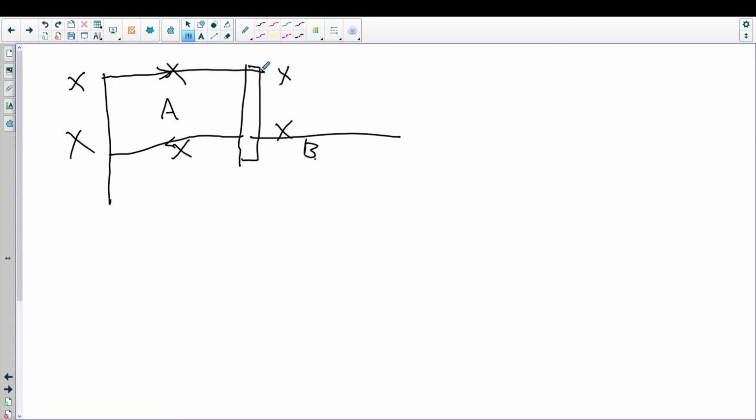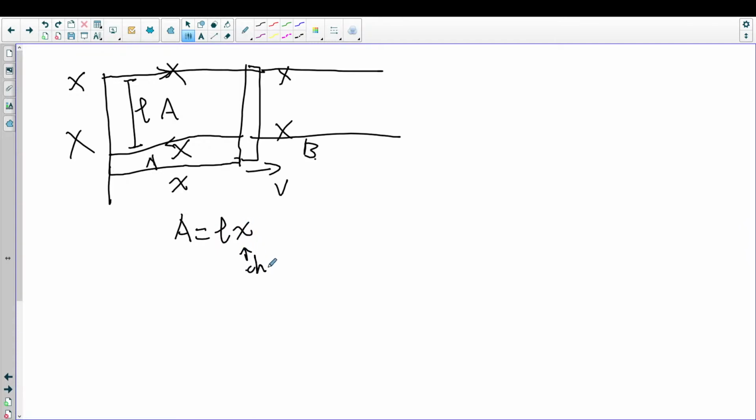Let's say this loop is infinitely long, as this is moving this way at speed v. The length of the conductor is fixed at L, and this distance here, let's call that x. Then we know the area is L times x, and of course x is changing.